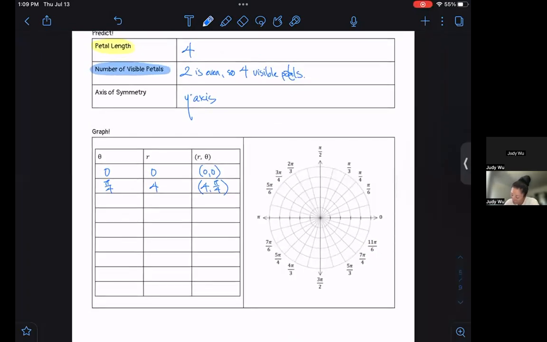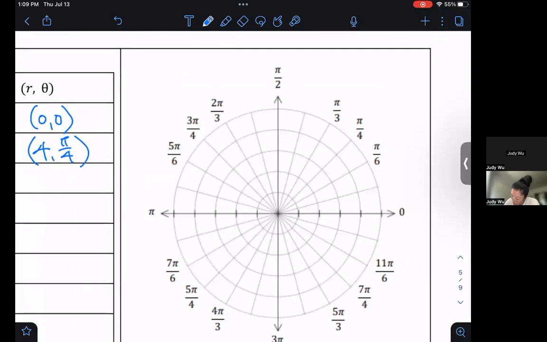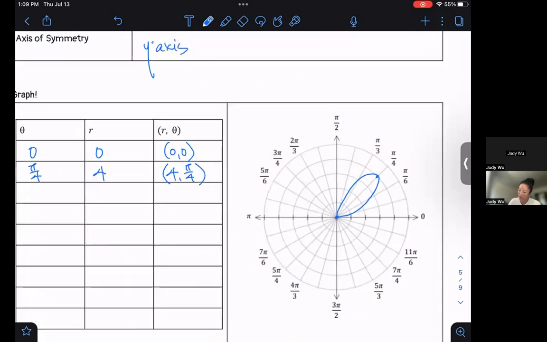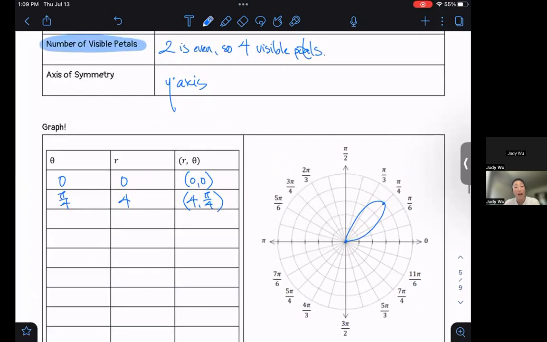All right, so if we sketch these here, we've got 0, 0, and then 1, 2, 3, 4. So I know that one petal goes like this, okay? Now, I can actually sketch the rest of it. I know that there are 4 petals. I know that they are symmetric about here, and they should be evenly spaced.